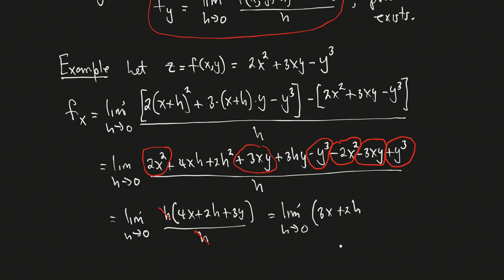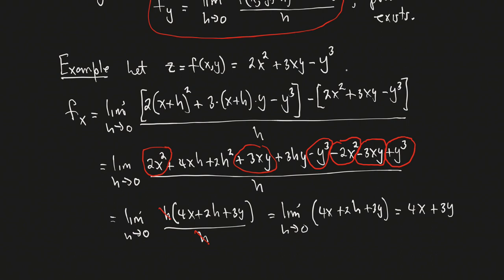I said 4, why did I write 3? So 4x plus 2h plus 3y. And now I can evaluate it by substituting 0 in for h, so that eliminates the middle term, and I'm left with something pretty simple, 4x plus 3y, right?